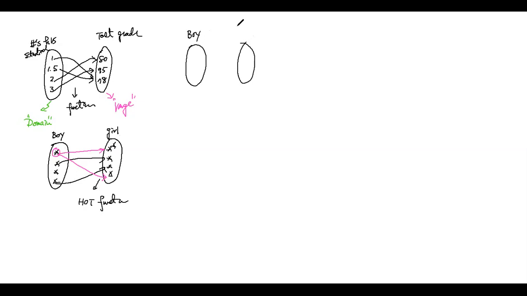So for example, in another example, I have 4 boys here. This boy invited this girl, this boy invited this girl, and this boy invited this girl. For this type of relation we say this is a function.